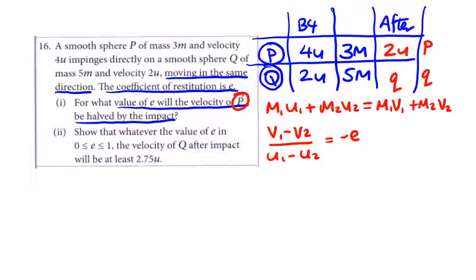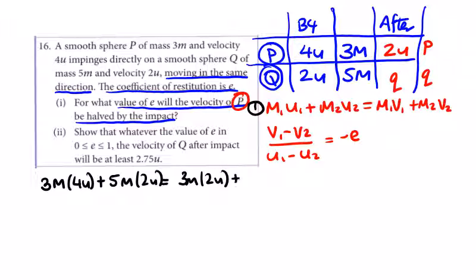So using the first equation, conservation of momentum, we're going to get 3m times 4u plus 5m times 2u is equal to 3m times 2u for it to be halved plus 5m times q.